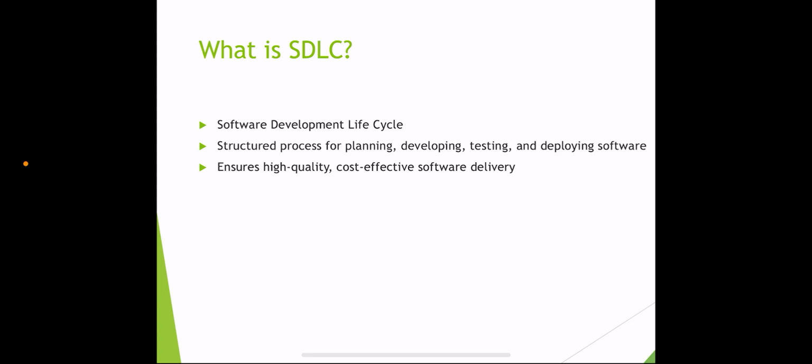It is a step-by-step process that guides how software is planned, developed, tested, and released. It is a standard process in which we will see how the software testing process is planned, how we are developing that particular application, how we are defining the quality metrics, and how we are delivering to the end user.